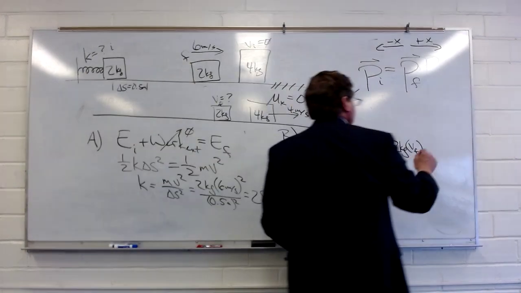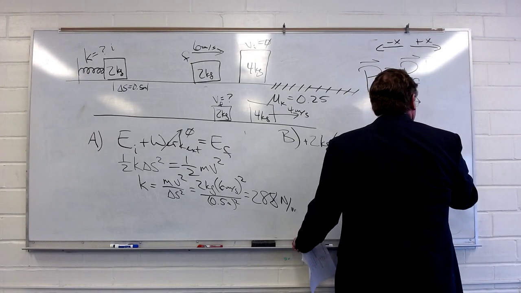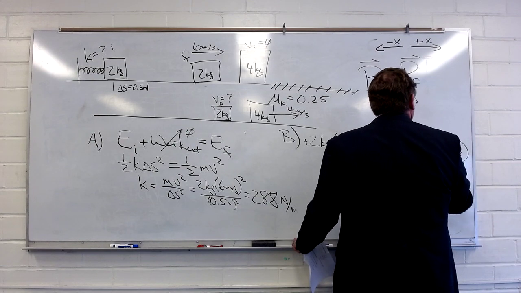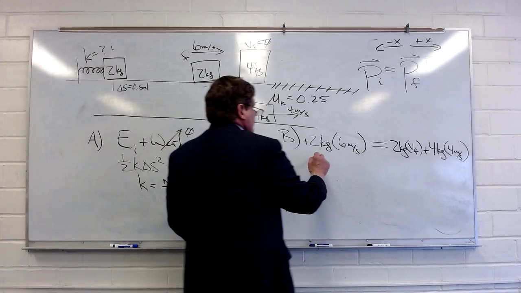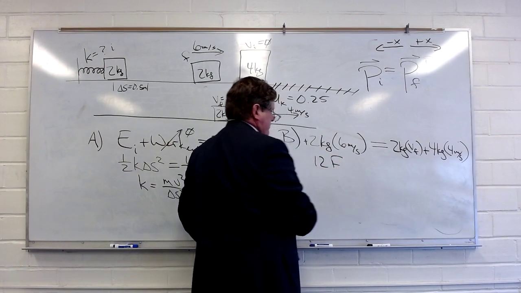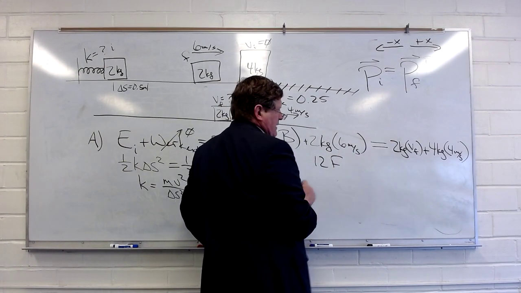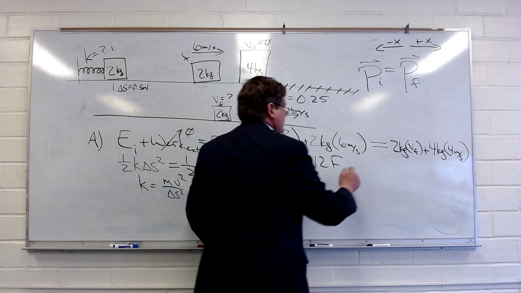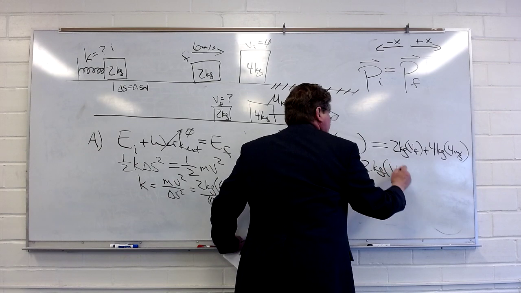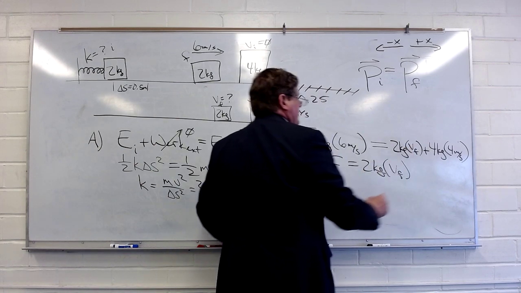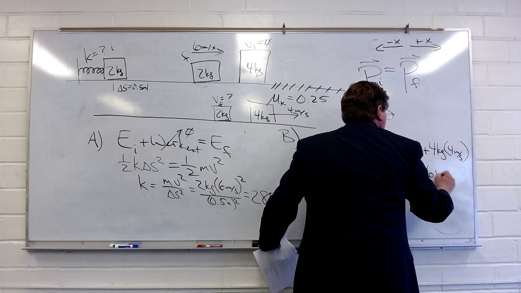And then I have the 4 kilogram block moving at 4 meters per second in the positive direction. Now this is going to give me 12 before the collision, and I better have 12 after the collision. Well, I've got this little block moving at a speed I don't know, but the big block has 16.